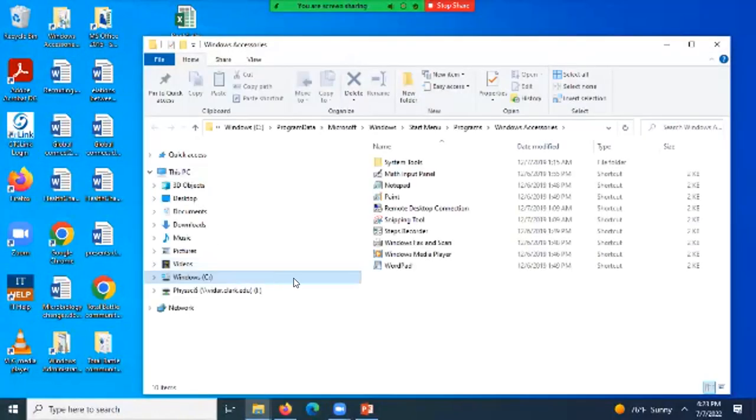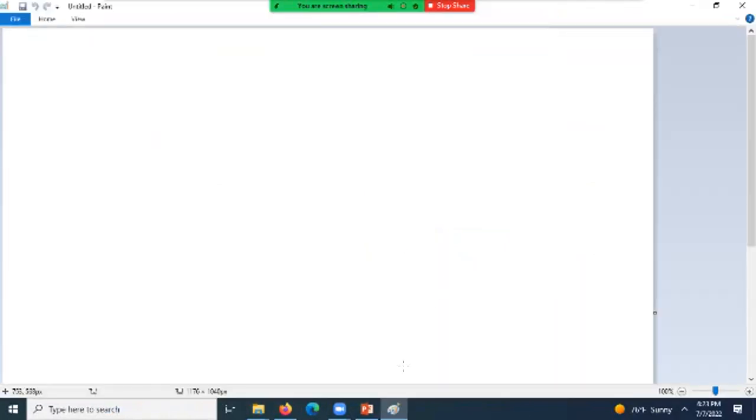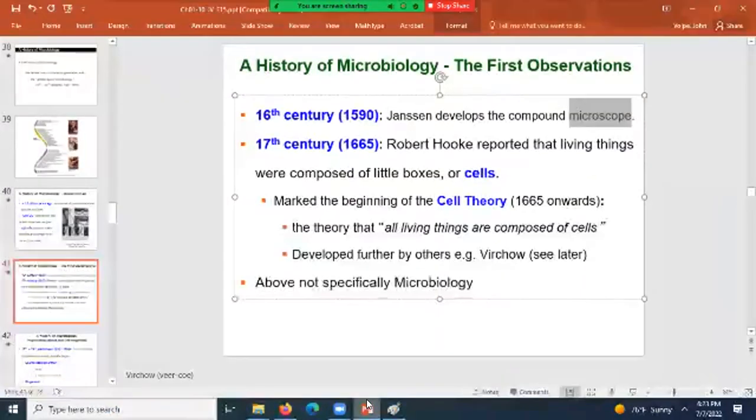I want to draw something out. There we go. Come back to the lesson now. So in 1665, you don't need to know the year, Robert Hooke used a microscope and looked at something that was alive, and he saw cells.